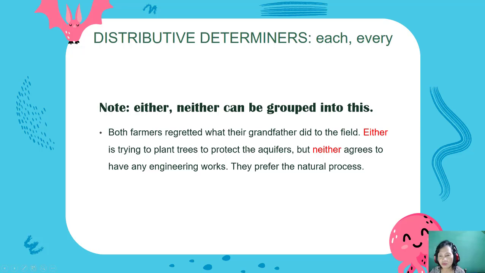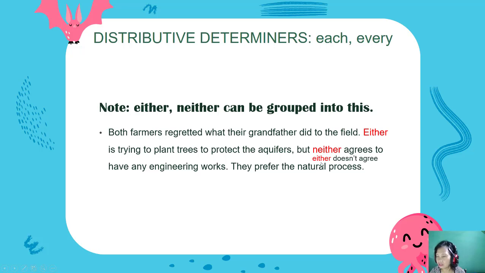Either is trying to plant trees to protect the aquifers, but neither agrees to have any engineering works. They prefer the natural process. So either and neither here are pronouns, because there is no noun here. It means that it stands alone. Either, neither refers to the farmers actually.